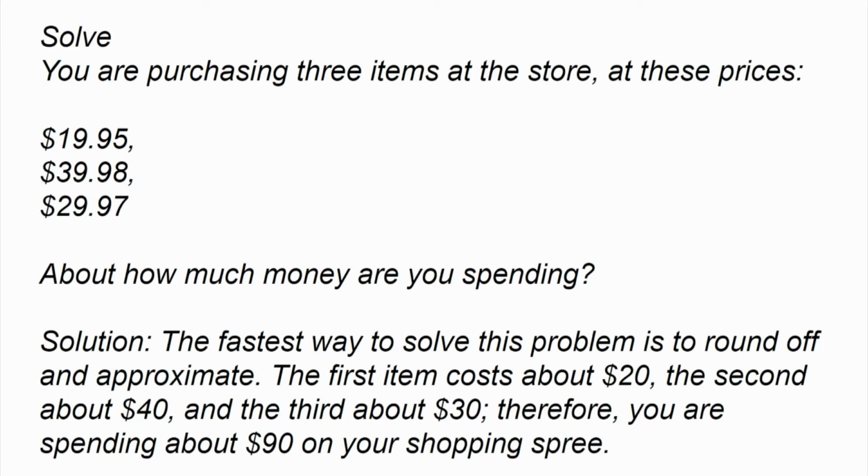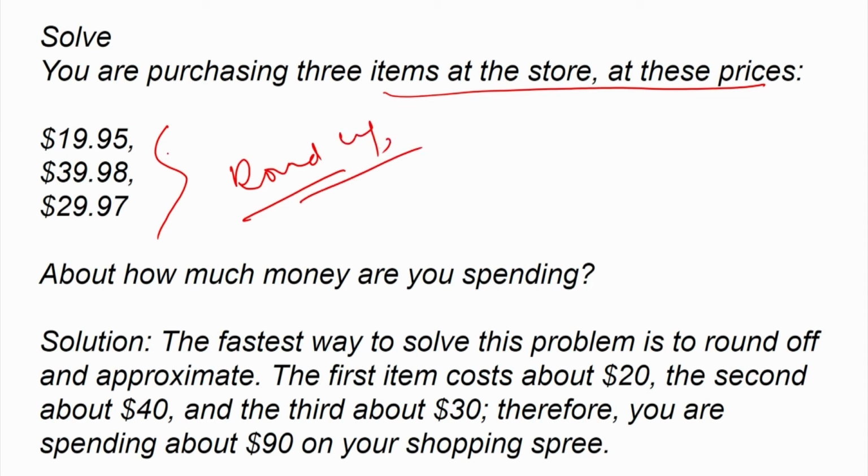Also look at this particular thing. It is a daily shopping experience, and if you think that you are shopping, what most people tend to do is something called rounding up. One easy way to solve this problem is rounding this to $20, this to $30 and this to $30. So, 30, 30, 60, 70, 80 is the answer. So, $80 is what you are spending, but the algorithmic approach says that we have to add up 9.95, 0.98, 0.97.